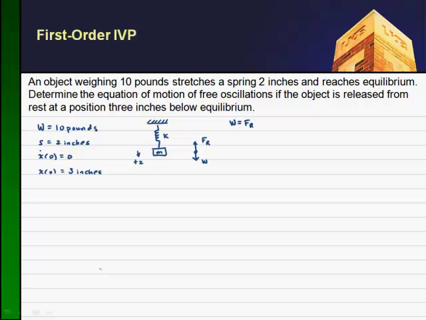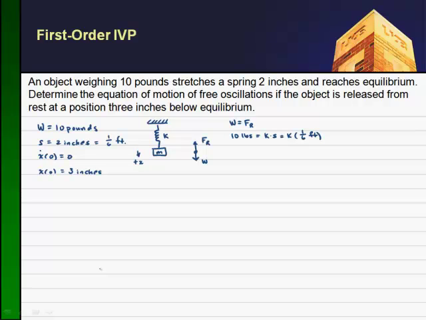We have a weight of 10 pounds, and our restoring force is k times the amount of stretch. We're given a stretch of 2 inches, but to be consistent in the English system, I want to write this in terms of feet. So 2 inches is 2 over 12 feet, or 1/6 of a foot.